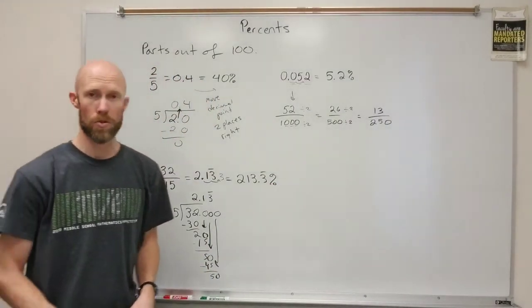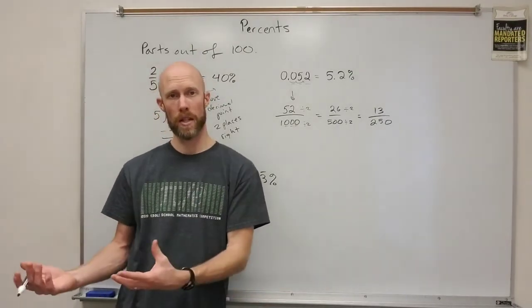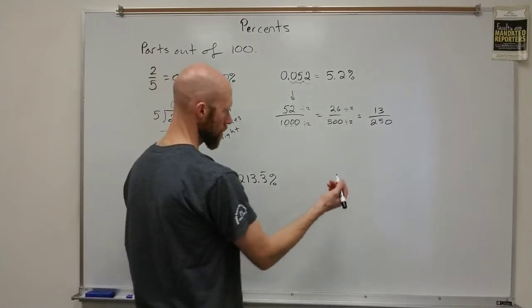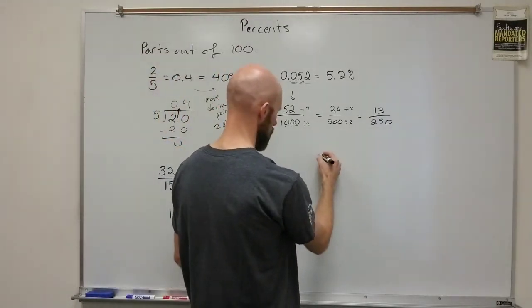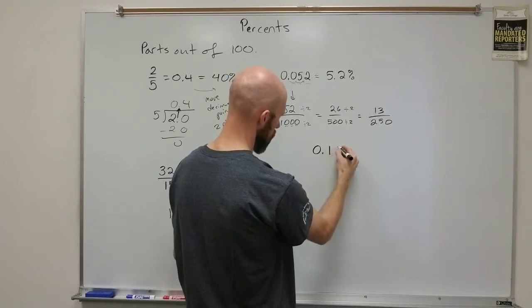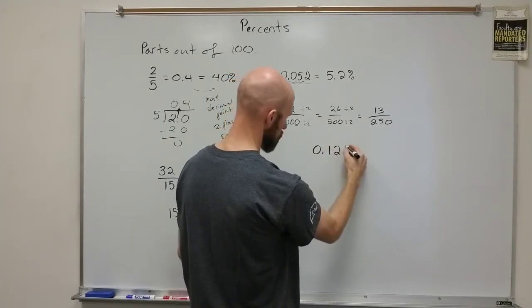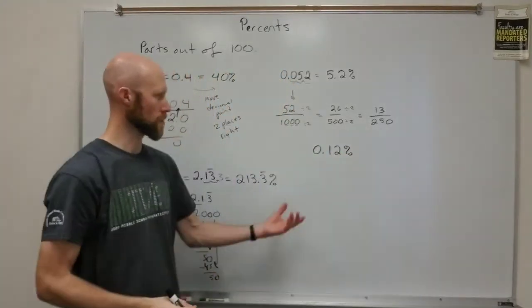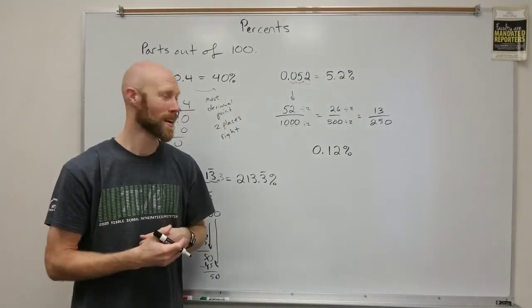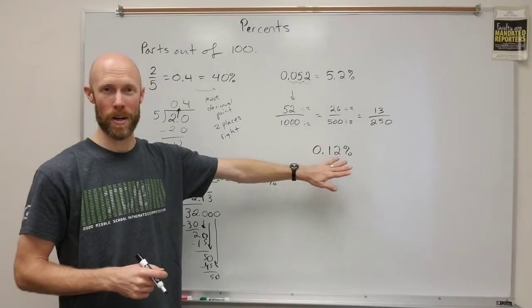There are also times where you start with a percent and you want to turn it into a decimal or a fraction, but usually a decimal in our case. And so if I had, let's say, 0.12%, a lot of times our interest rates are very, very low, okay, less than 1%, less than 1 part out of 100.